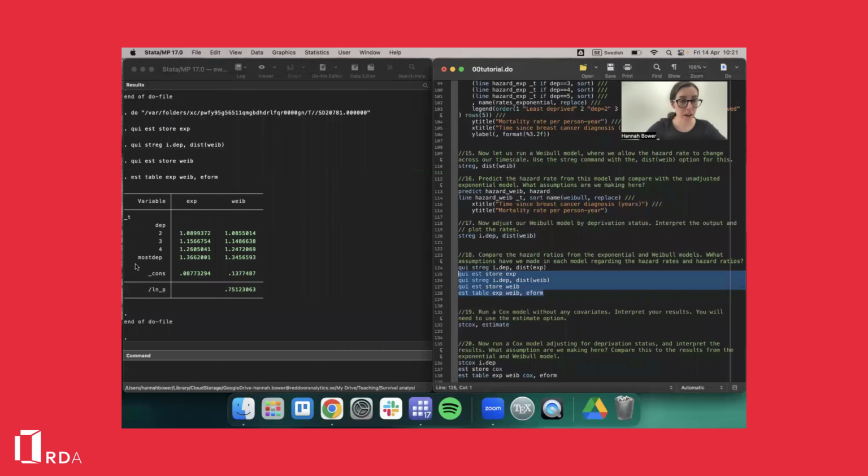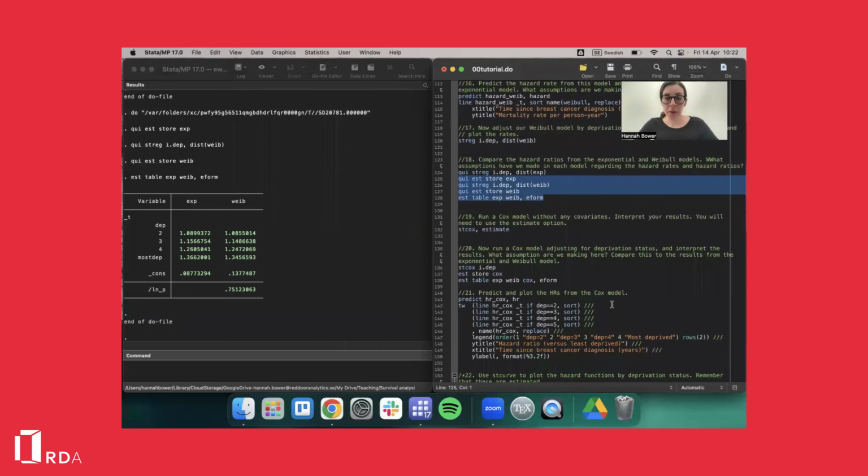So if we focus on these top four, these deprivation outputs, remember that this is comparing to the least deprived group, and you can see that they are quite similar in these two models, despite the underlying assumptions that we're making in the background. That is that the exponential model has constant mortality rates across the time scale, so they're flat, each of these rates. And the Weibull makes the assumption that we have some Weibull function, which is a constant decreasing function, as we just saw.